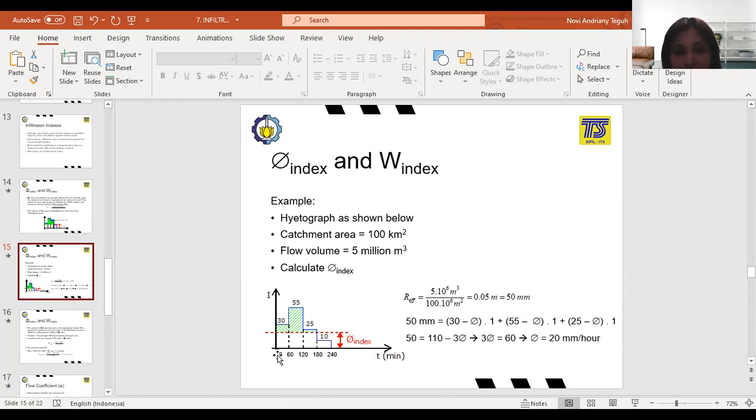Like, for example, here 0 until 60, and then 60 until 120, 120 until 180. So it is in every 1 hour. That's why it's times 1. It will be different if we calculate it in, for example, 45 minutes or 30 minutes. It will be like 0.5 or 0.75. So we converted the minutes into hours, because the unit of the P index is millimeter per hour.